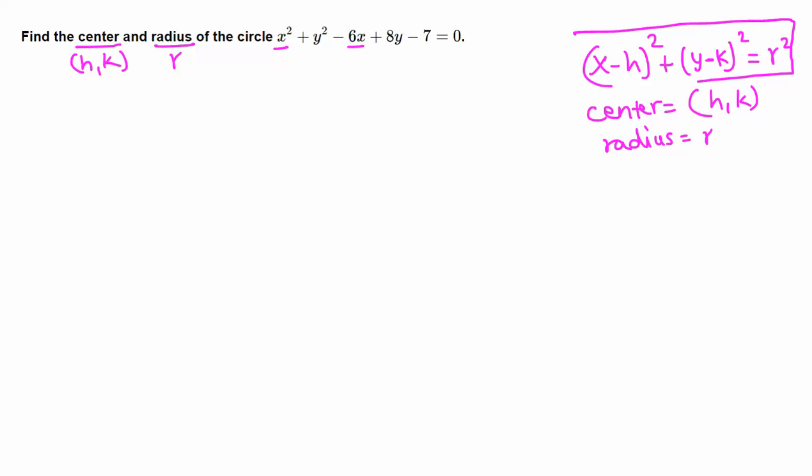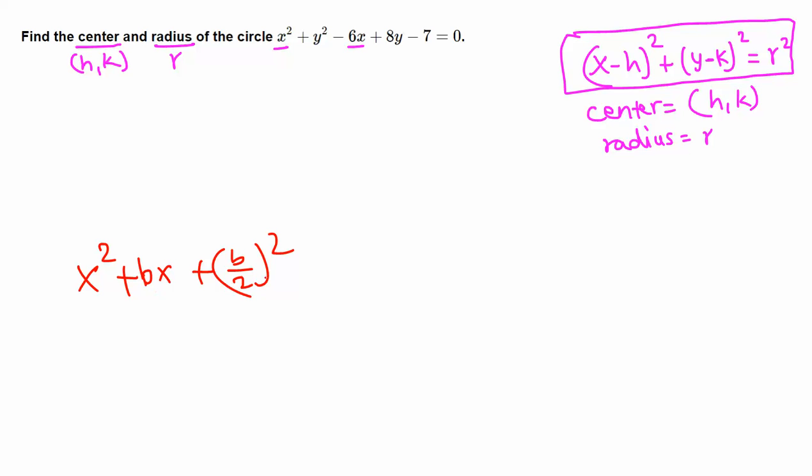We have x in only one place, and it's x minus some number, squared. Same for y minus some number, squared. So we need to combine these and complete the square. And recall what we learned earlier: when we have x squared plus bx, then we add half of b, squared.